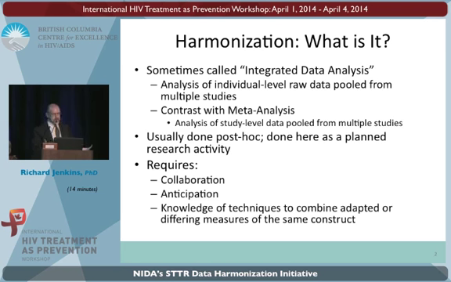In practice, when people do this as a post hoc activity, it's often been described as incorporating aspects of community-based participatory research, that really people have to be interested in looking at the same outcomes and willing to share data, often with people they haven't worked with before.